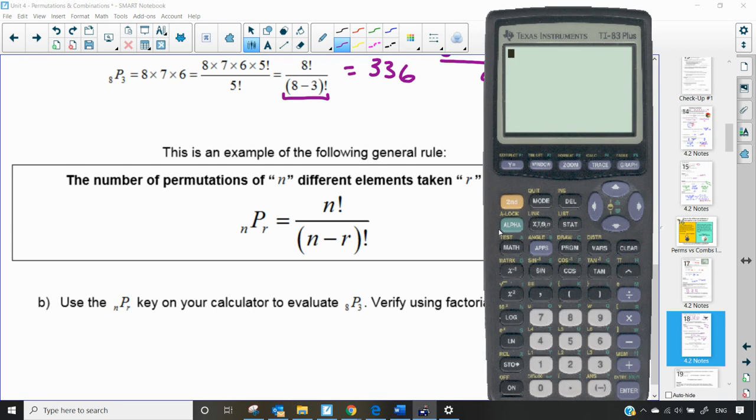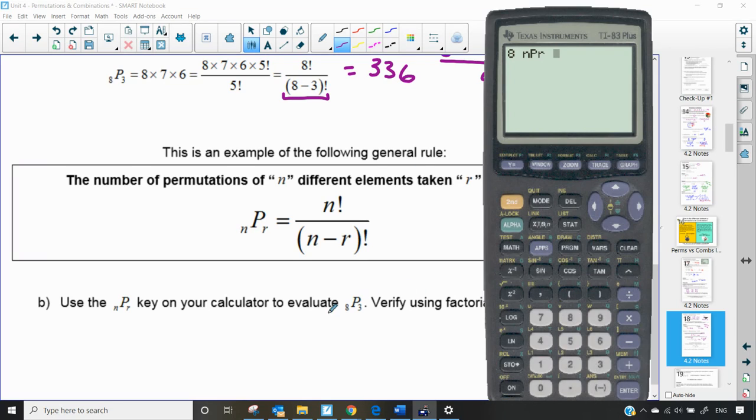to do permutations with your calculator, you have to type the n value first. So that's 8. We're going to click on the math button again and go back to where we found factorials. So again, you're hitting the 8, then math, arrow to the left, and PRB. Now we want nPr, so that's number 2.